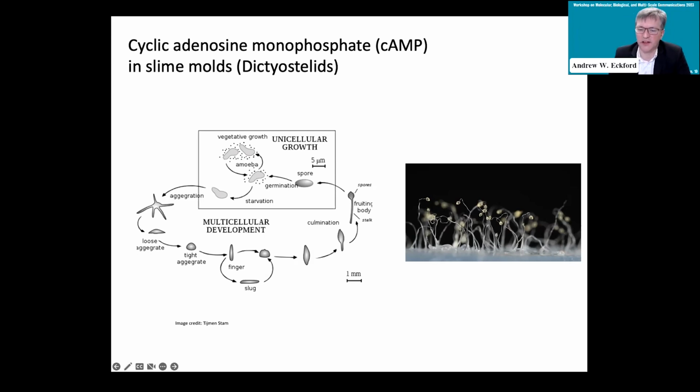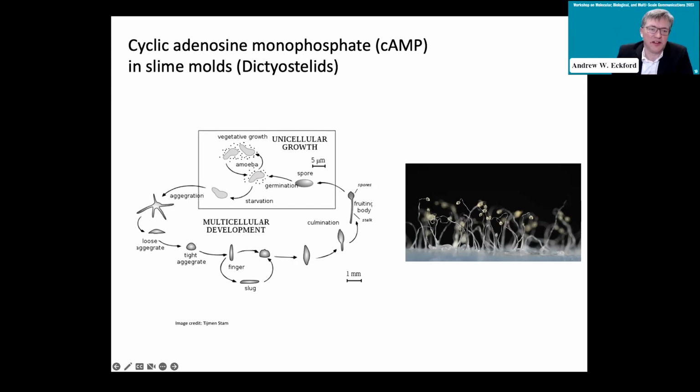So basically, the slime mold starts to behave as a multicellular organism now. And they go around through loose aggregate, tight aggregate, around the cycle until finally we get to the fruiting body on the right. And that's the image on the right, of some fruiting bodies. The idea is that at the very tip of the fruiting body are some spores, and those spores will survive the famine. And once food comes back, it comes back around the cycle.